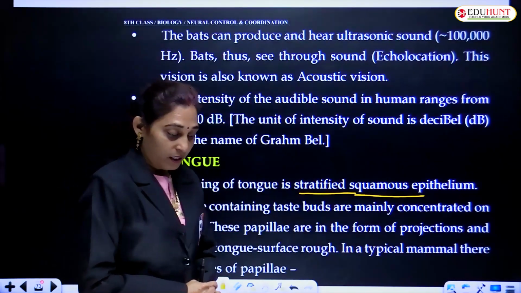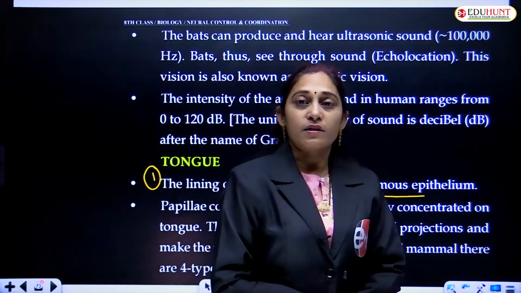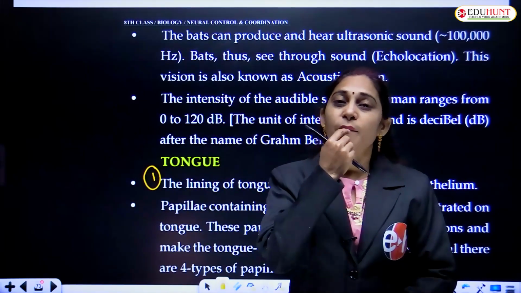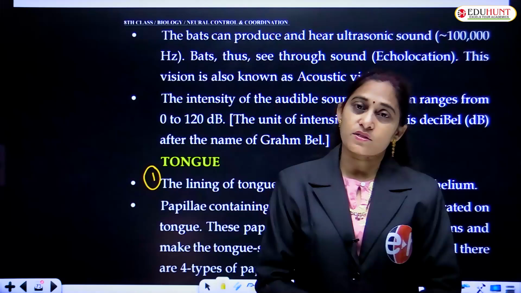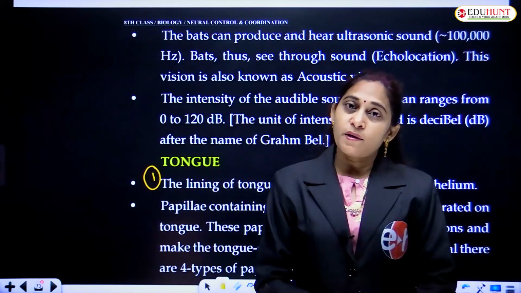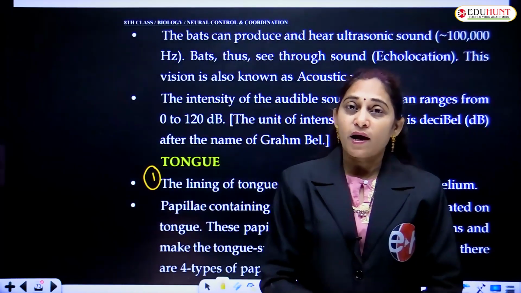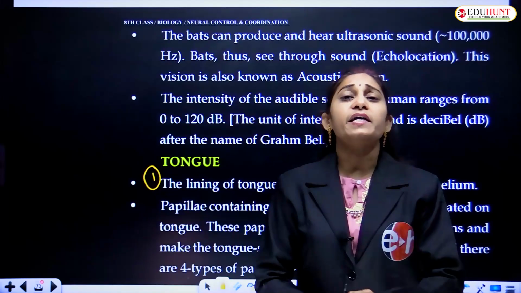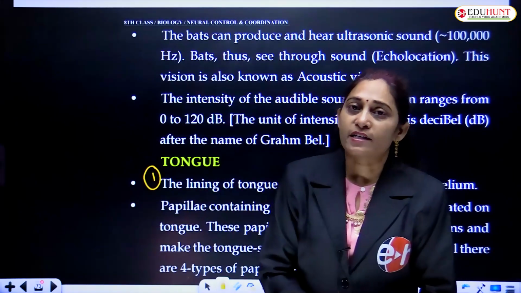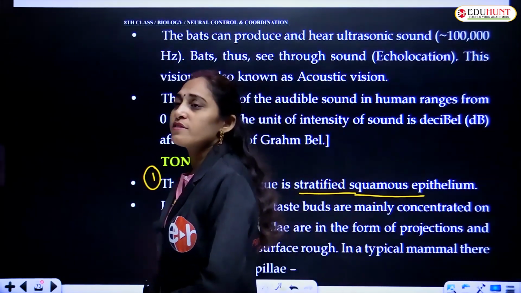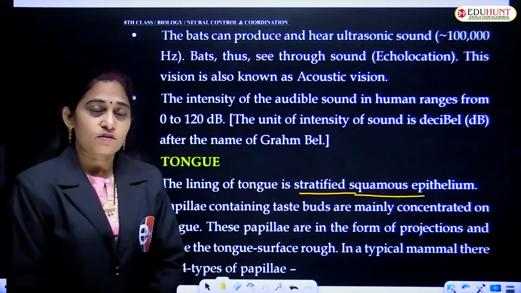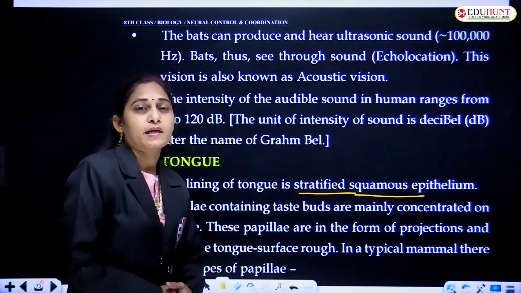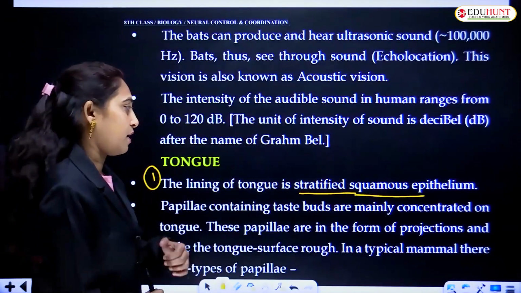And if we observe our tongue, there are so many papillae, projections, present. And these papillae are provided with taste buds. These taste buds are present on several papillae on the tongue.